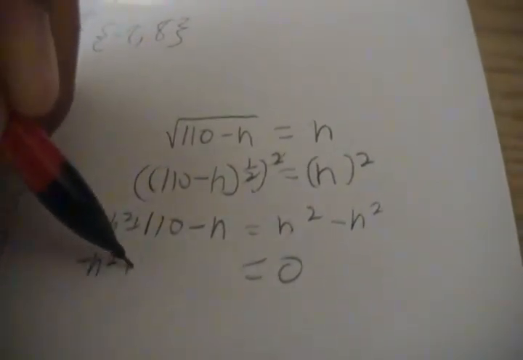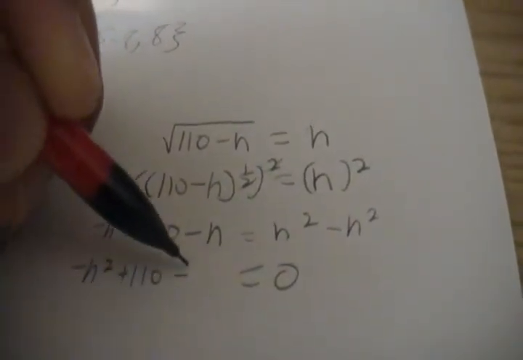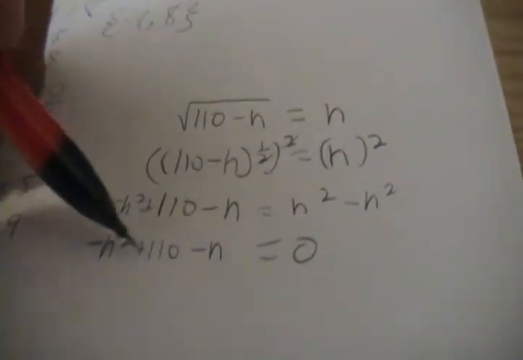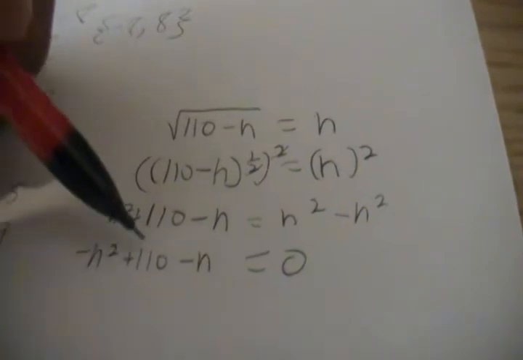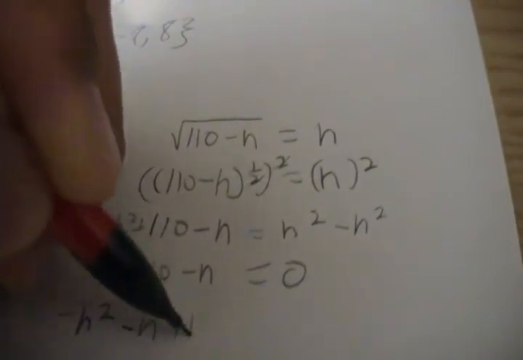What we get is negative n squared plus 110 minus n. Now let's put everything in order: n squared, then n, then 110. So it's negative n squared minus n plus 110 is equal to 0.